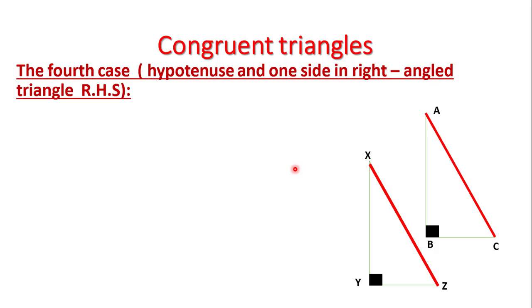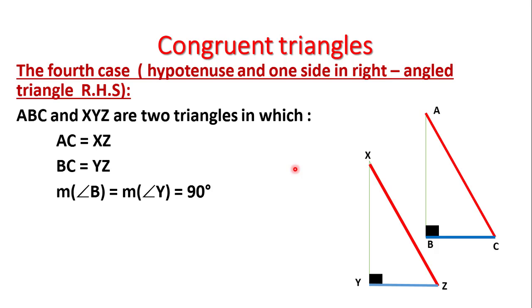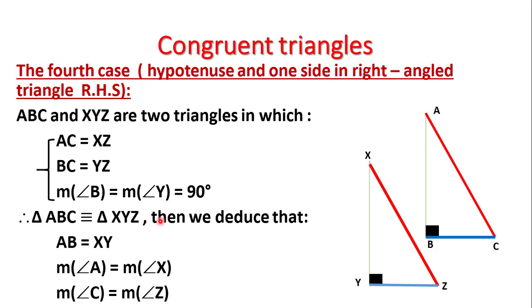AC equals XZ, and also another side, for example YZ and BC. In this case, we say that the two triangles are congruent, and we deduce from the congruency that AB equals XY, measure of angle A equals measure of angle X, and measure of angle C equals measure of angle Z. So the two triangles are congruent.